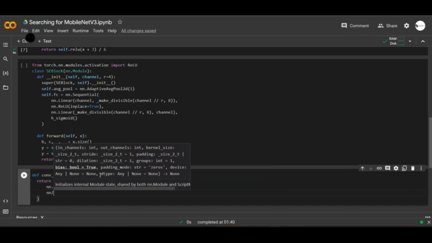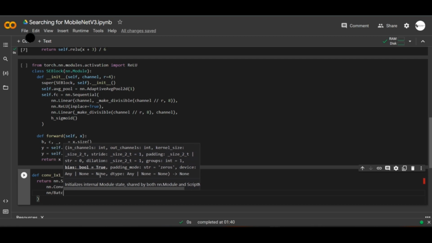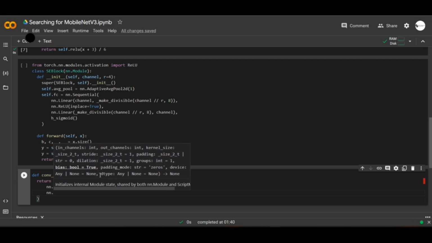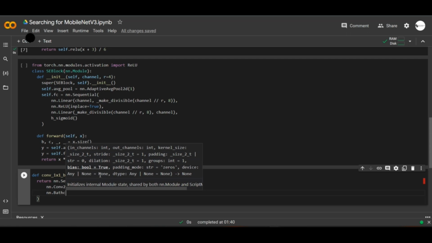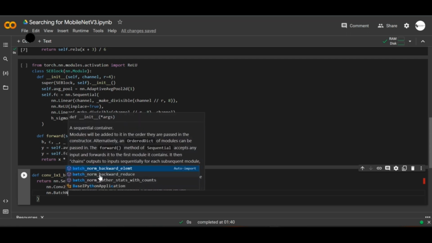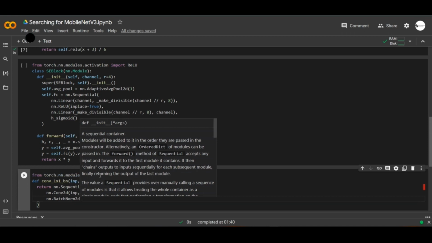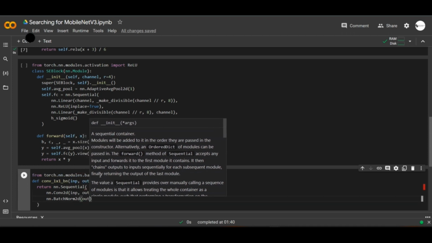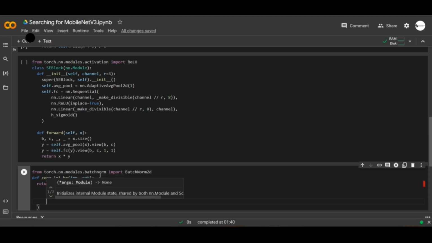Then we're going to have nn dot batch norm 2D, taking the output, and we're going to have h dot switch. Okay, and that's all.